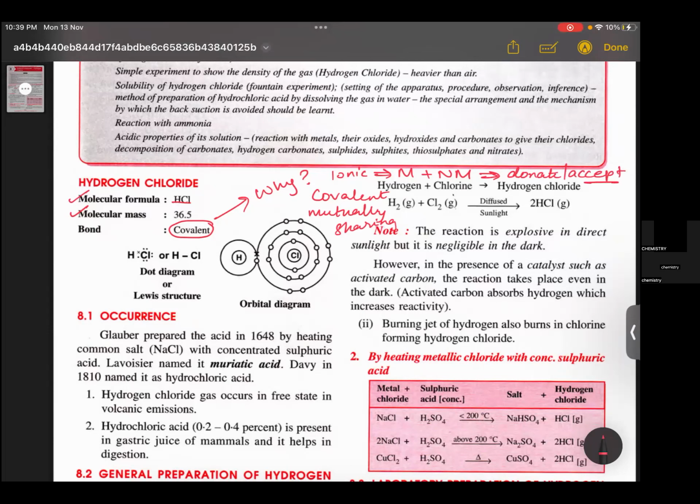So in better words, you can say ionic is transfer of electrons, whereas in covalent, you have a mutual sharing.